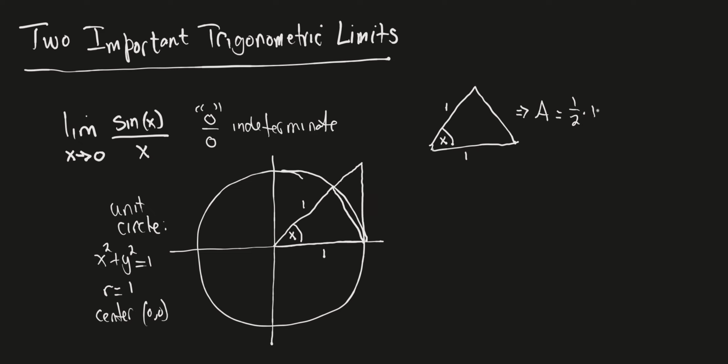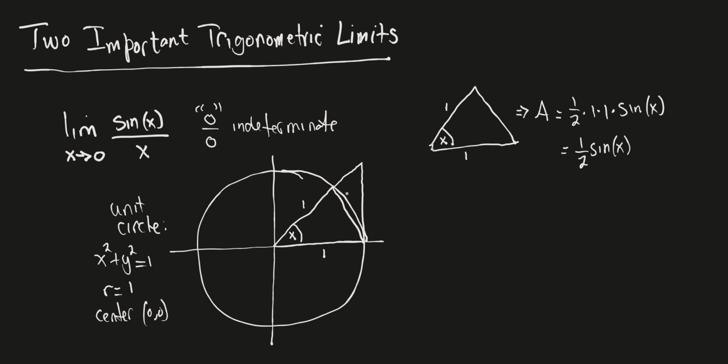So it's 1/2 of 1 times the sine of x. So the area of that triangle just ends up being 1/2 times the sine of x, right?